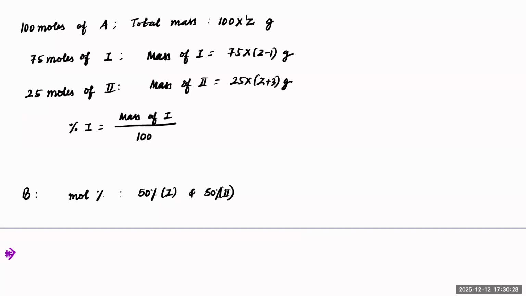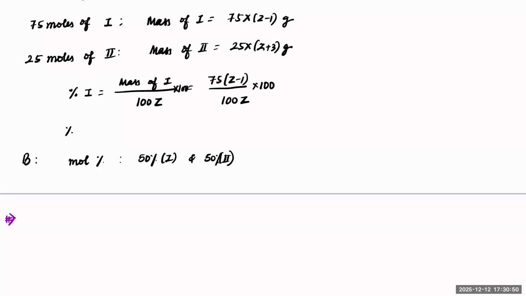Total mass is how much? 100 into Z. So this one is 75 into Z minus 1 divided by 100Z, into 100. Got it. And the percentage mass of 2 will be equal to how much? 25 into Z plus 3 divided by 100Z, into 100.